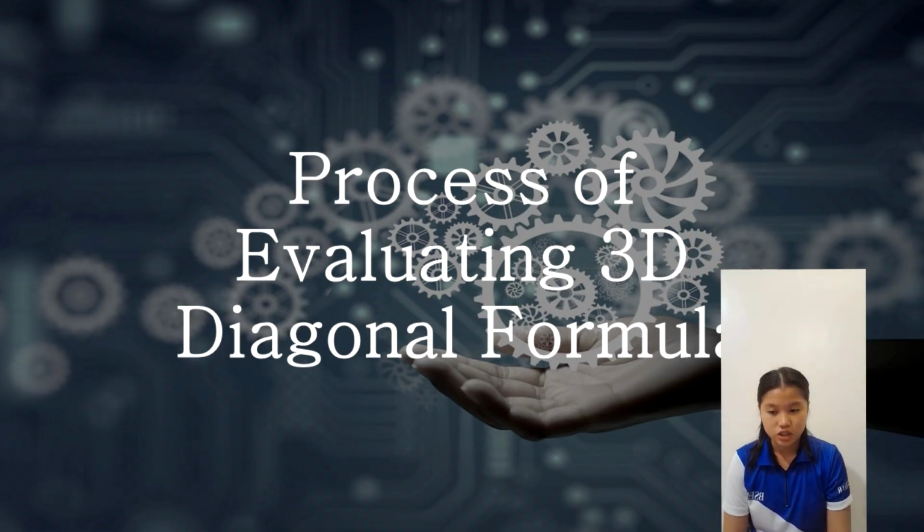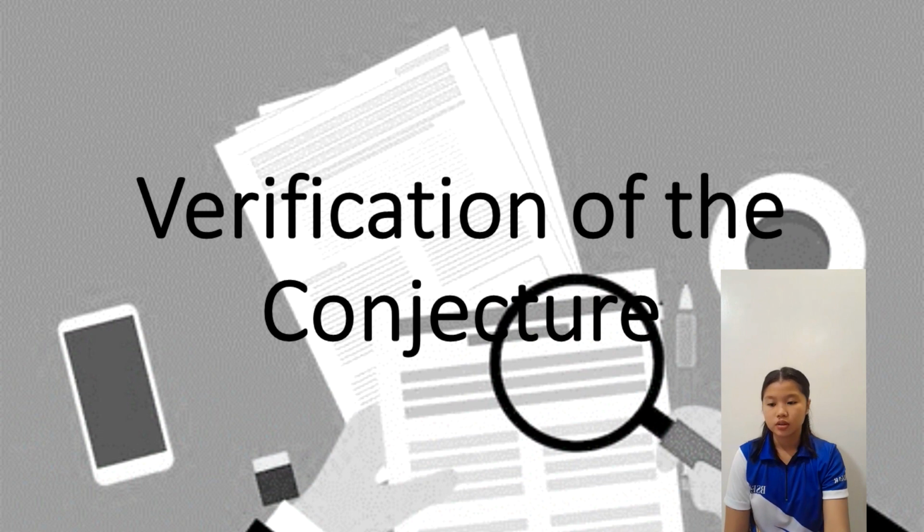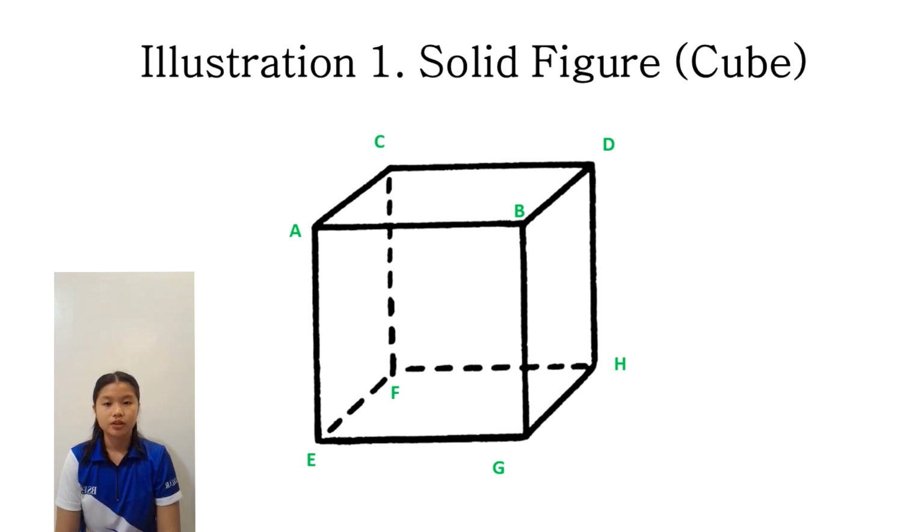To verify the conjecture, let's use the illustration of a solid figure using the formula V times (V minus 1) divided by 2 minus E, wherein V is the vertex and E is the edge. The given solid figure is a cube.